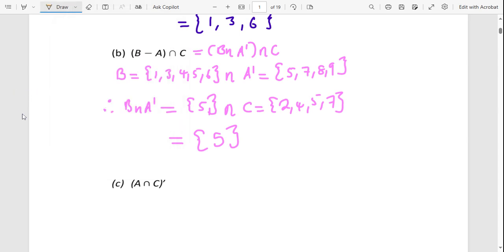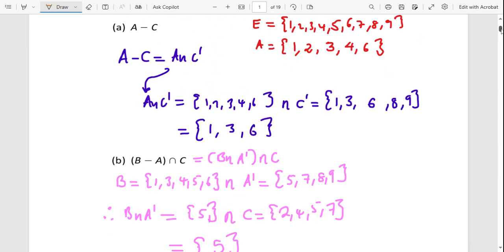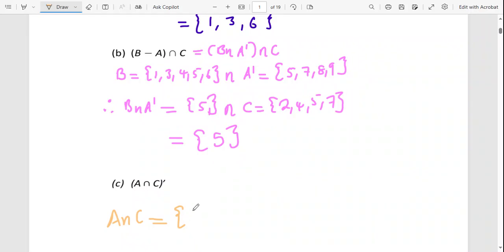Let's go to the next one. We want to find A intersection C complement. Now, you can distribute the complement and then it becomes A complement union C complement, but that will be a longer process. So the shorter process is first find A intersection C. The set A has got the elements 1, 2, 3, 4, 6.